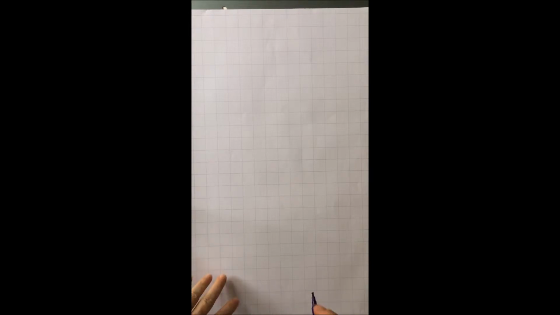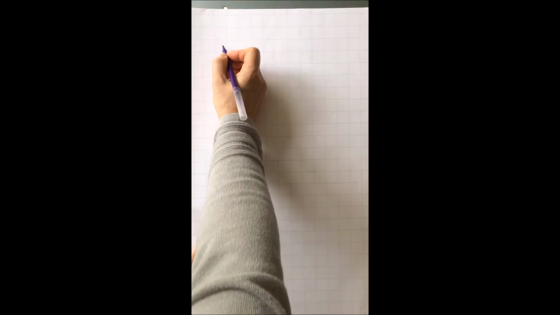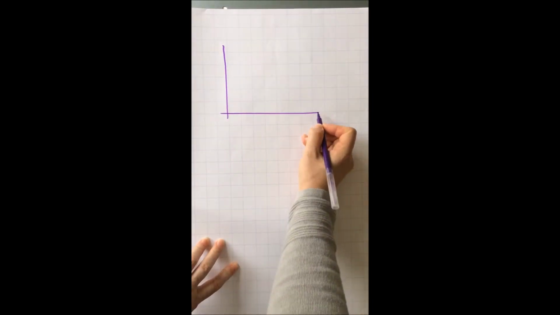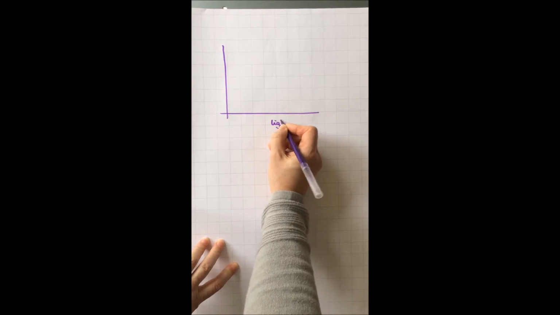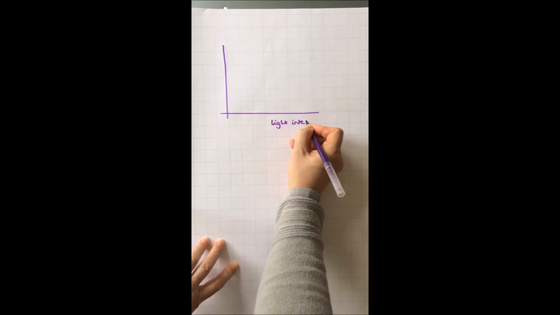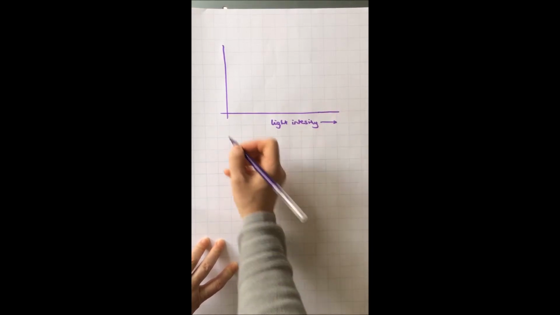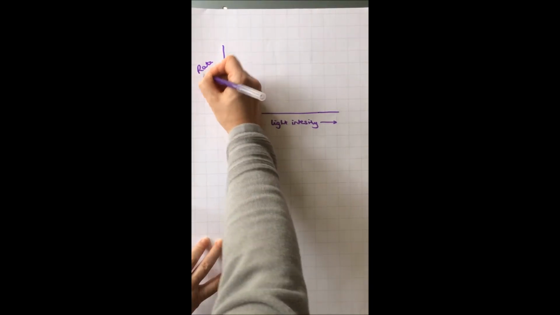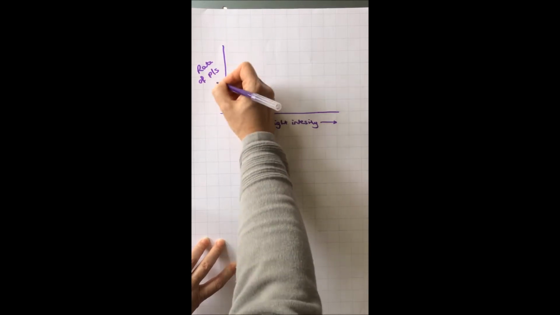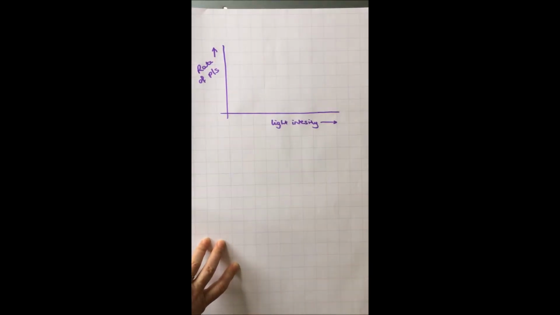So for the higher tier, you have to be able to add lines to the graphs that we've just looked at with limiting factors. So if I had my graph here, and it showed light intensity as before on the x-axis increasing, and we have rate of photosynthesis here on the y-axis again increasing.